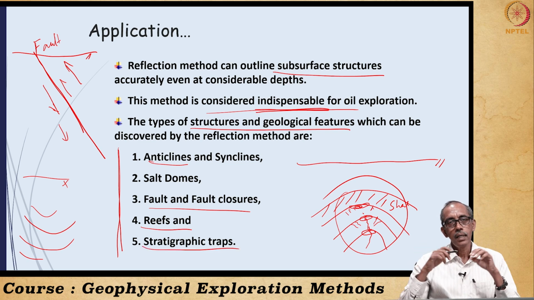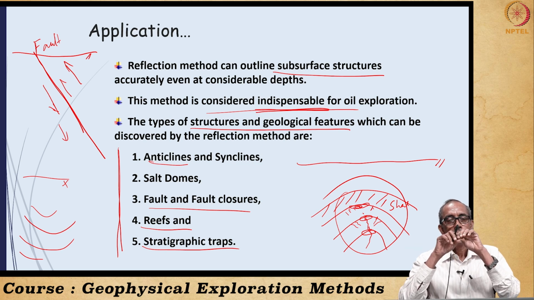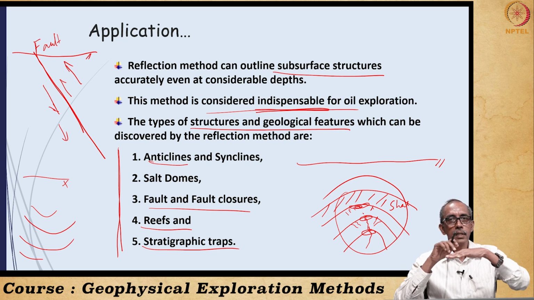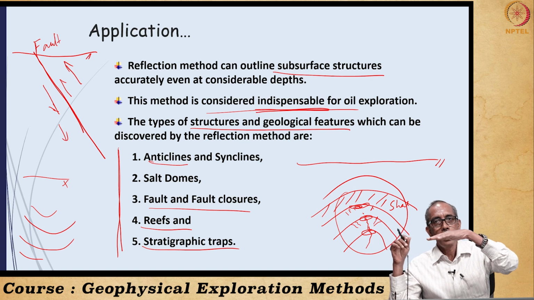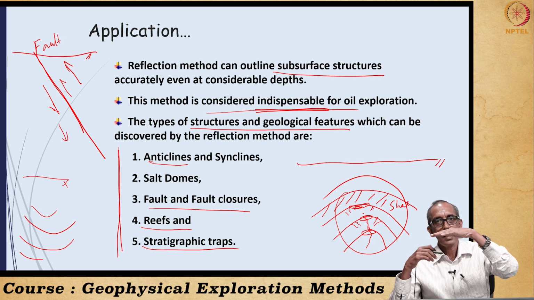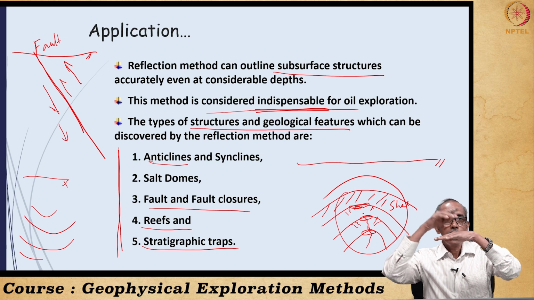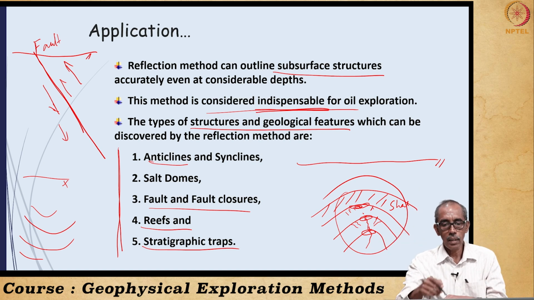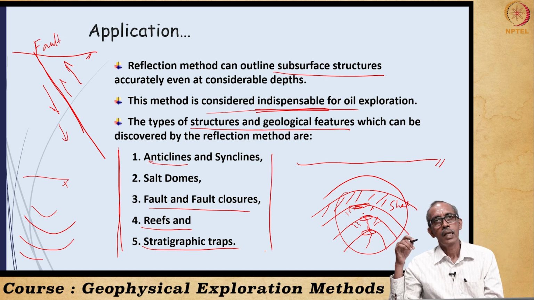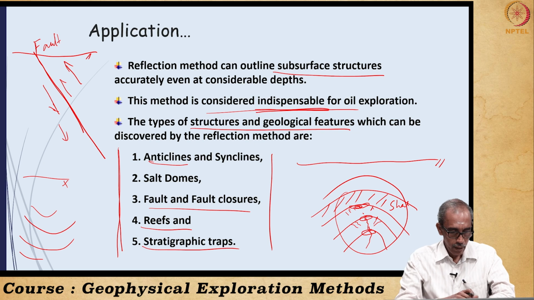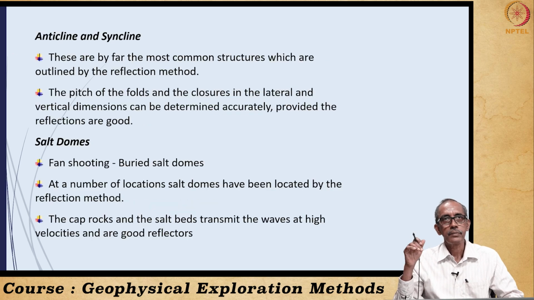Stratigraphic traps are, as I told you, in an oil reserve, a trap formation which is an impermeable clayey layer, beneath which there may be a sandy layer. So, in the sand, oil and gas may be present because the gas is unable to escape upwards due to the presence of traps. All this can be delineated by seismic reflection survey.